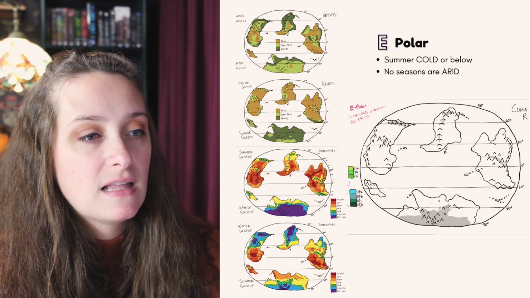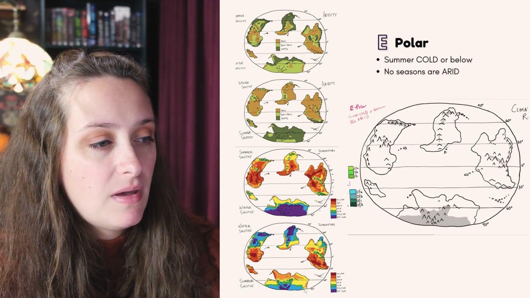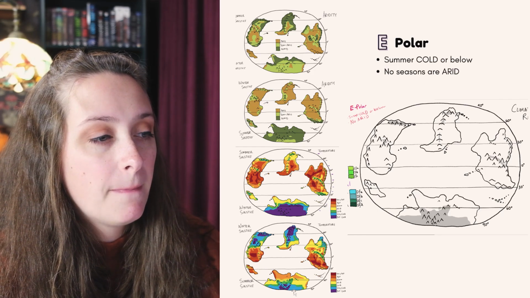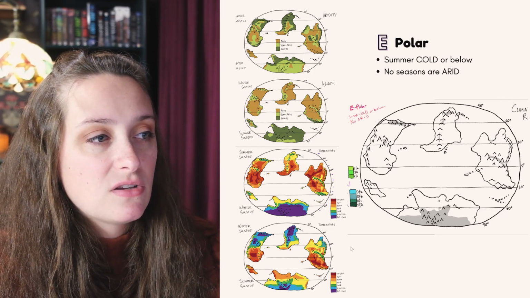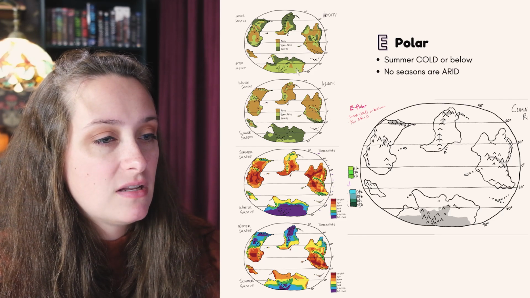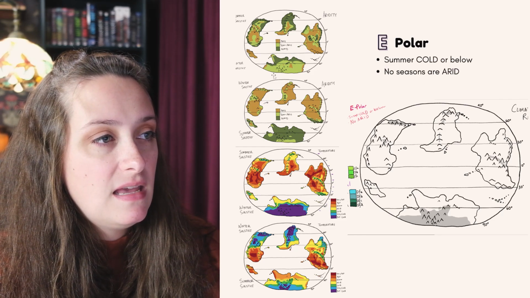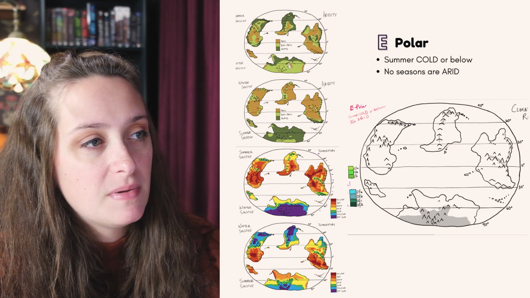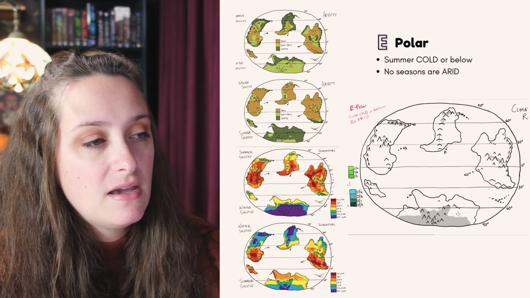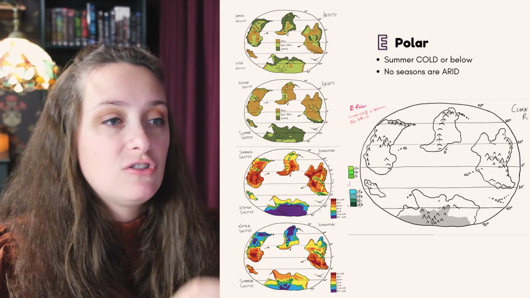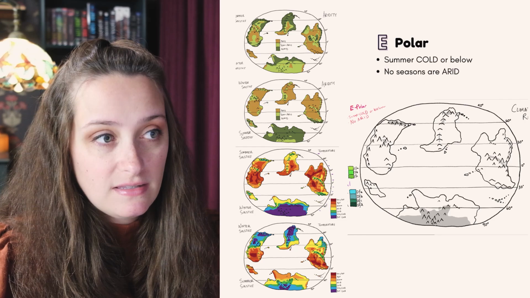So you can see these lines here line up with this area here that is cold or lower in temperature. And then no seasons are arid. So if you look down here in that section, you're not really going to see any arid seasons. You have this little bit of aridity here, but that's kind of cut out here. And that's just how you do it, right? So this is just the general polar areas.